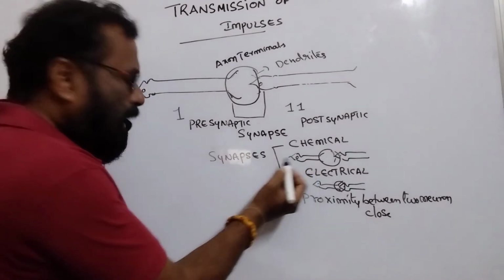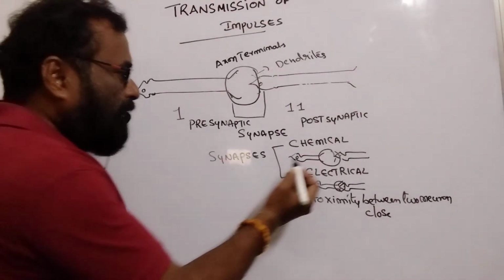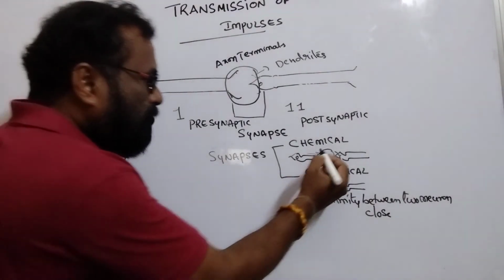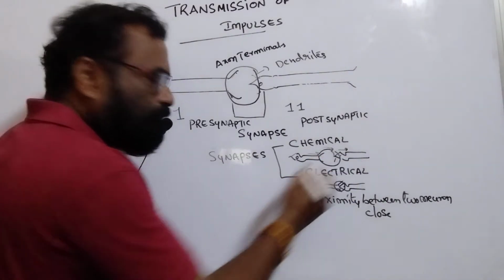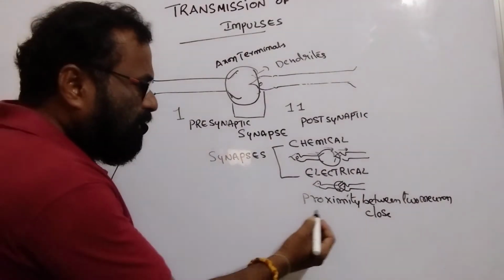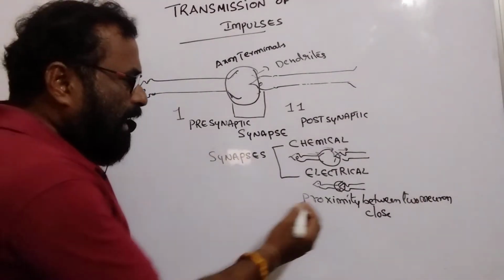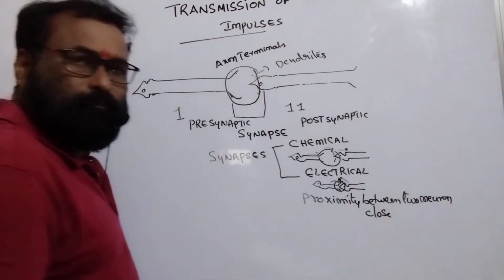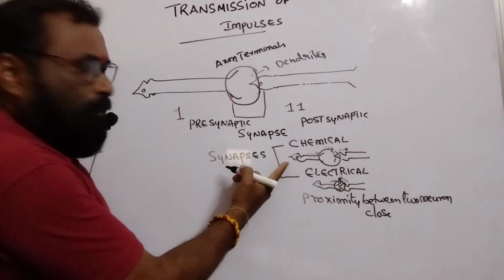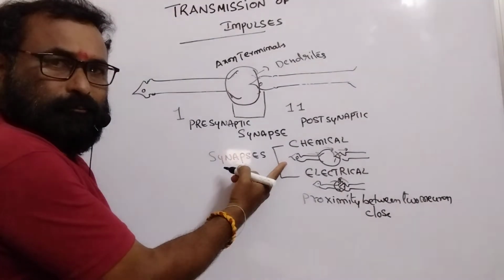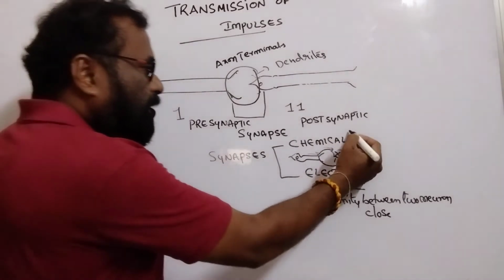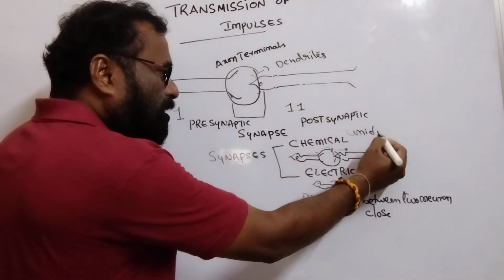Here, the action potential travels unidirectionally. There is no bidirectional movement. In an electrical synapse, rarely, the action potential also moves bidirectionally. In a chemical synapse, the movement of the action potential is always unidirectional.